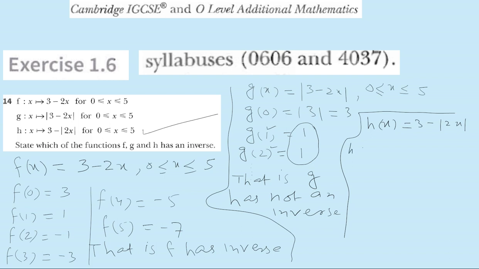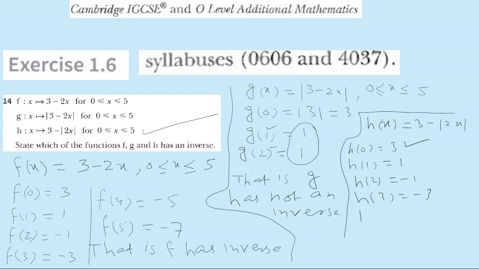Check h(0): 2 into 0 is 0 and 3 minus 0 is 3. So the first value is 3. Now put h(1): 2 ones are 2, 3 minus 2 is 1. h(2): 2 twos are 4, 3 minus 4 is minus 1. h(3): 2 threes are 6, 3 minus 6 is minus 3.